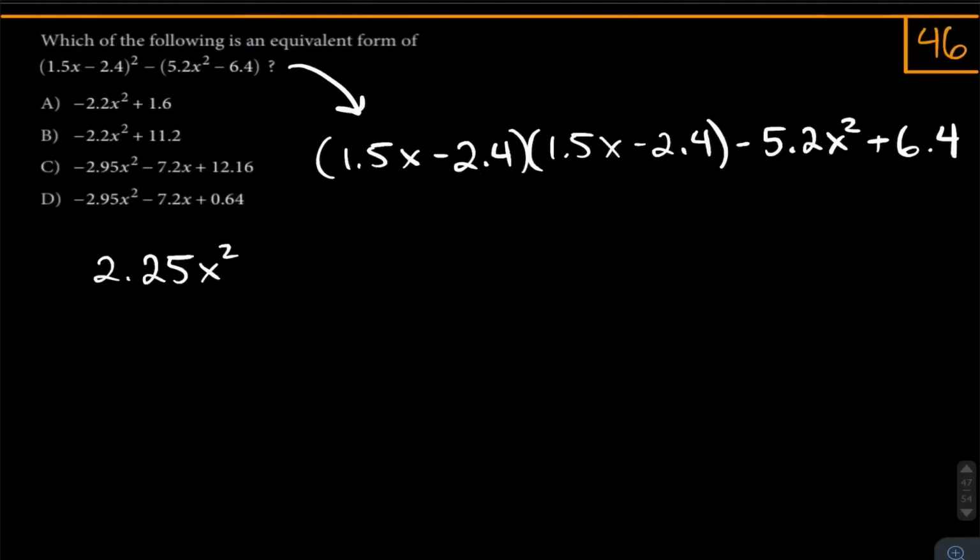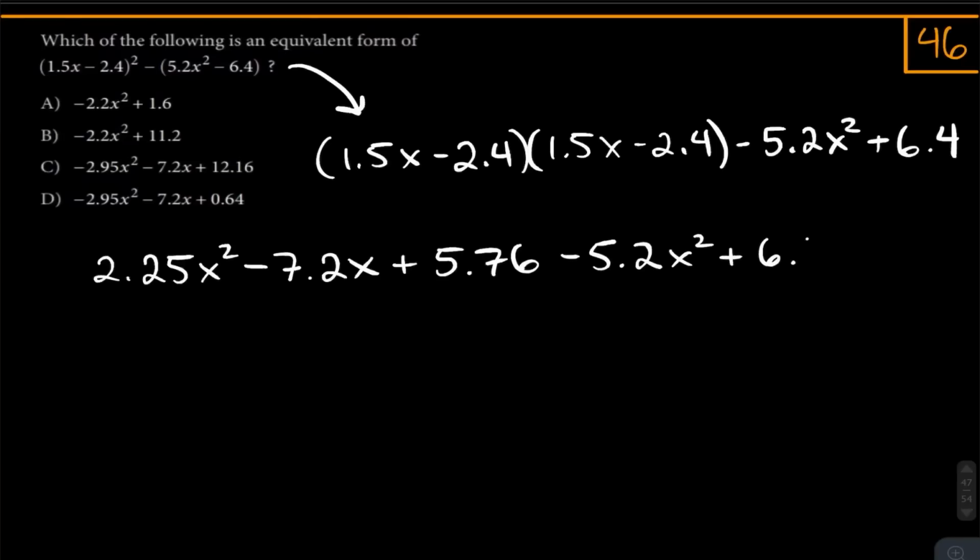So we're actually going to get negative 7.2x. And then we can do negative 2.4 times negative 2.4, and that's going to be a positive 5.76. Okay, and then we have minus 5.2x squared, and we have a plus 6.4. Now, when we combine like terms, we're going to have a 2.25 minus a 5.2.